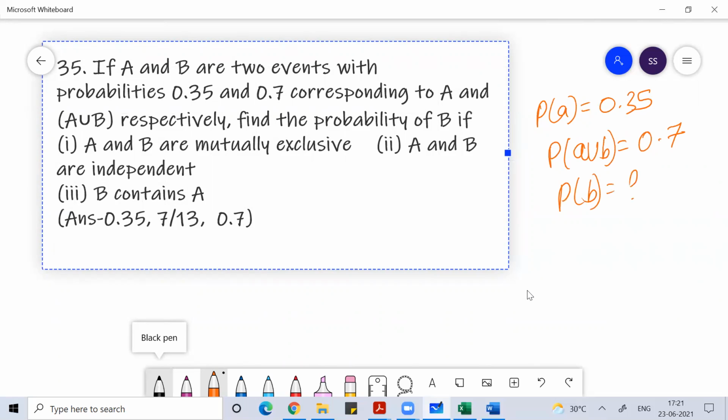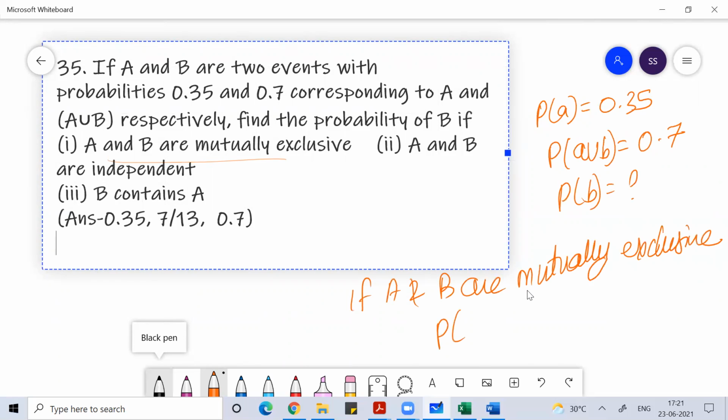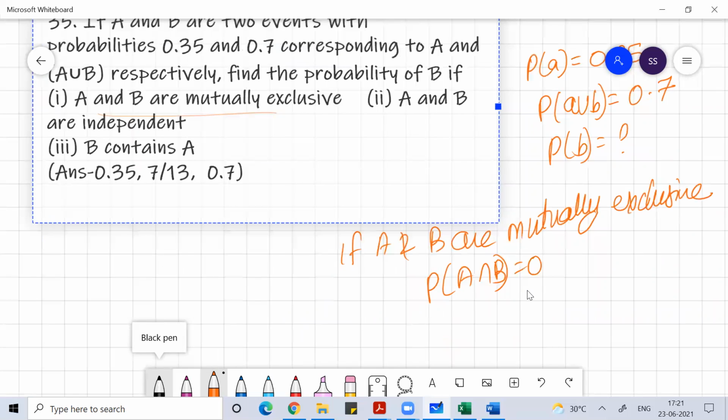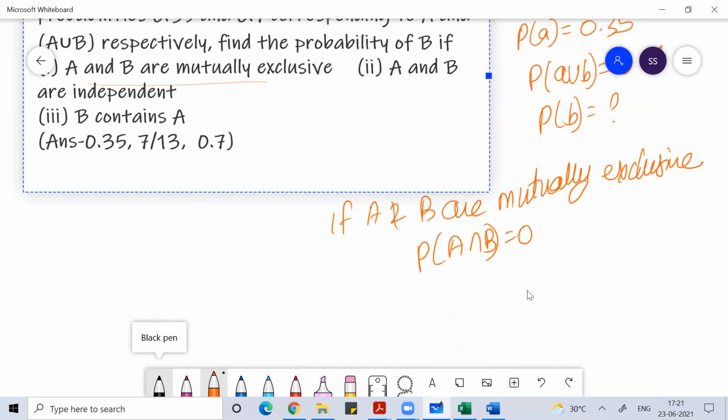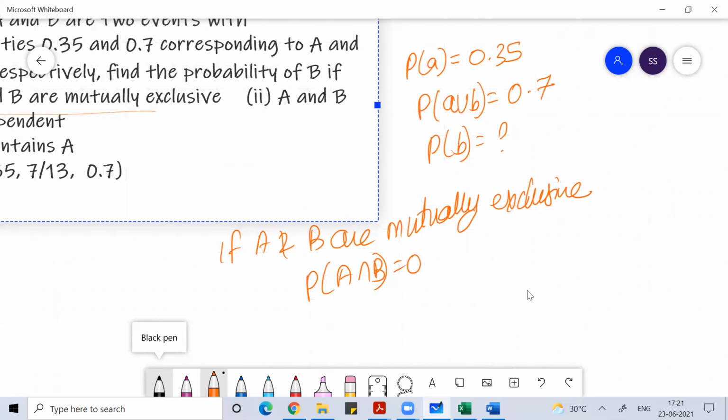First, if A and B are mutually exclusive, then probability of A intersection B would be 0.